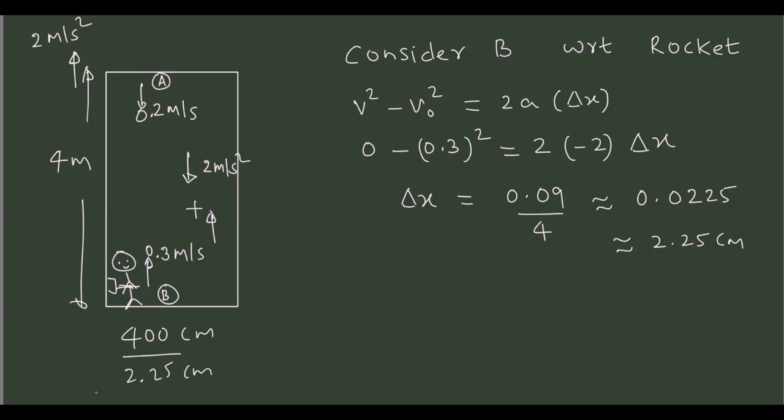Now let's say how long does it take for it to hit the ground again? Let's evaluate that. If I use the time of flight, we know it is 2 times V naught by G. I'm using G as 2, in this case the artificial G. So 2 into 0.3 by 2, that takes 0.3 seconds.